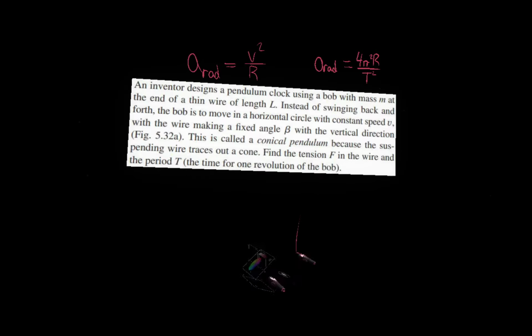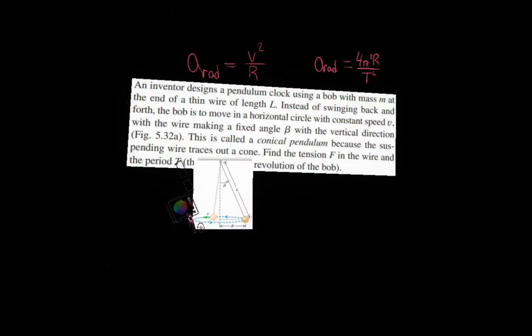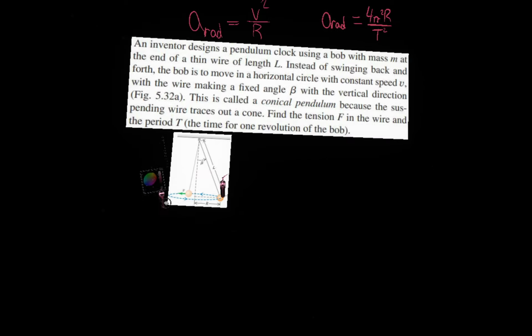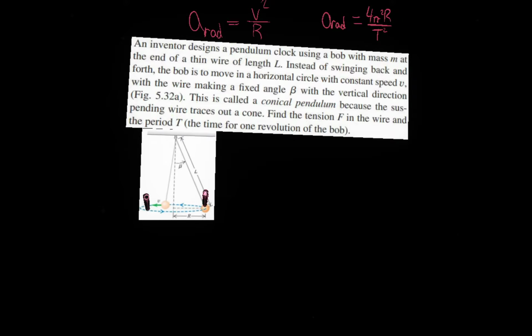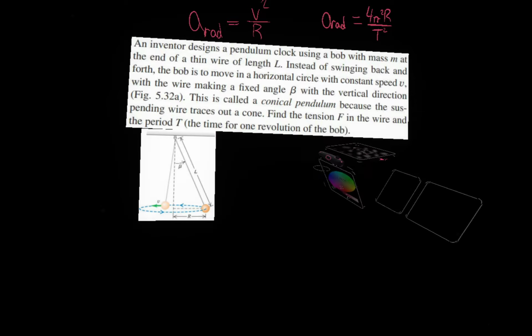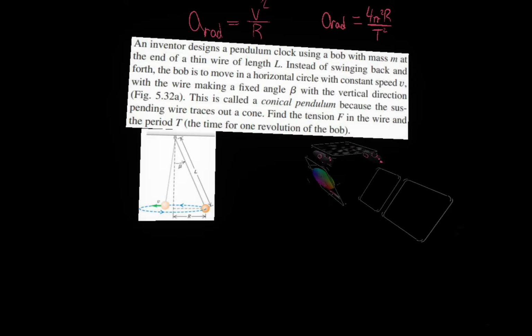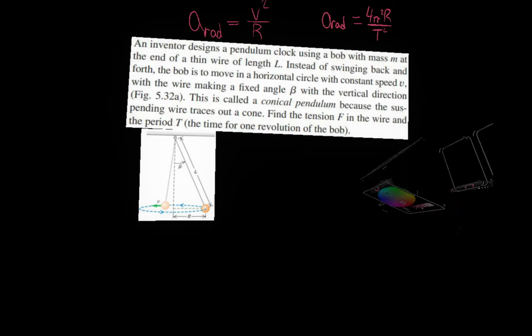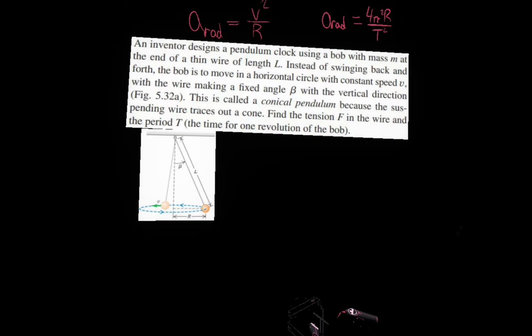So, an inventor designs a pendulum clock using a bob with a mass m at the end of a thin wire of length L. And they give you a picture here. Instead of swinging it back and forth, the bob is to move in a horizontal circle with constant speed v, and the wire making a fixed angle beta with the vertical direction.